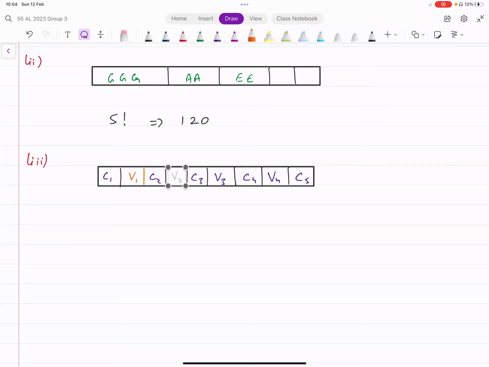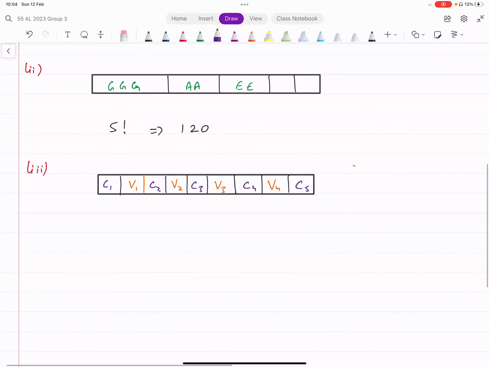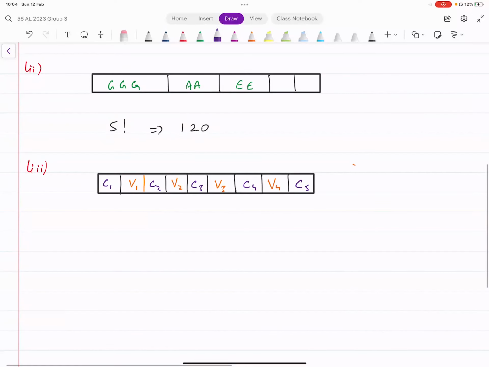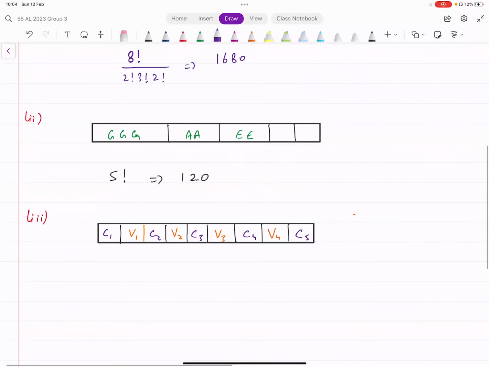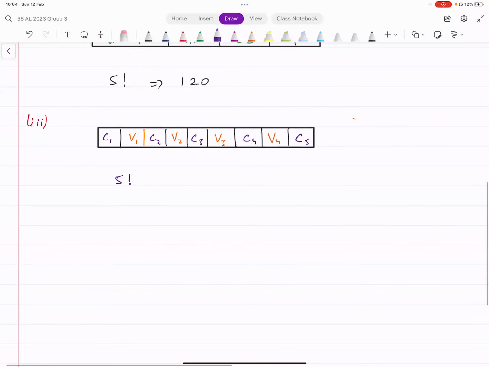Now, in how many ways can we arrange those consonants? We have 5 consonants, and we can arrange them in 5 factorial ways, right? There are 5 places and 5 consonants.